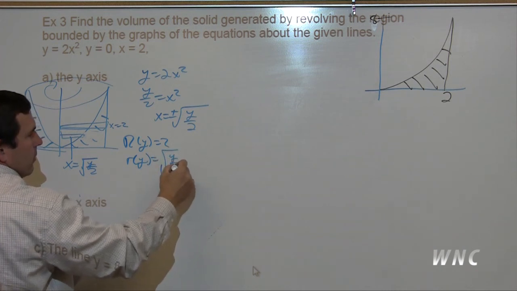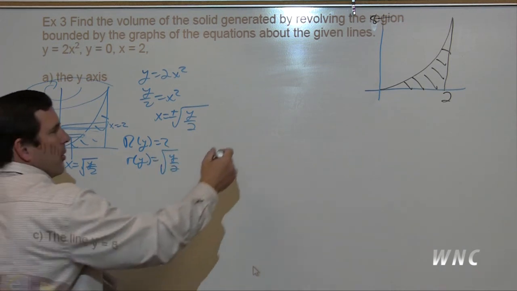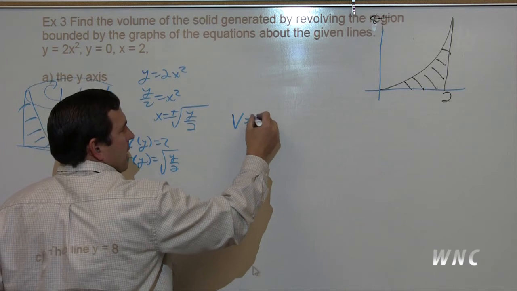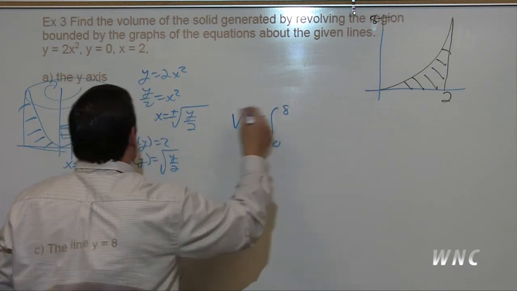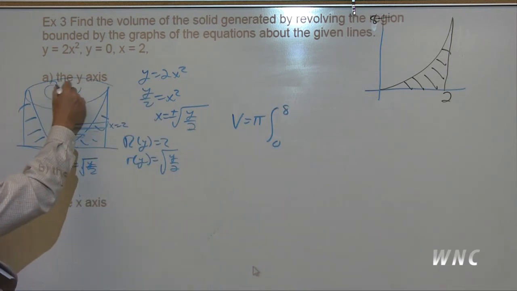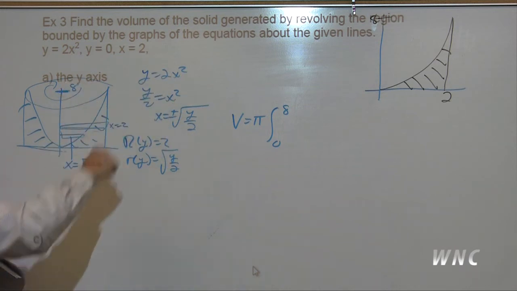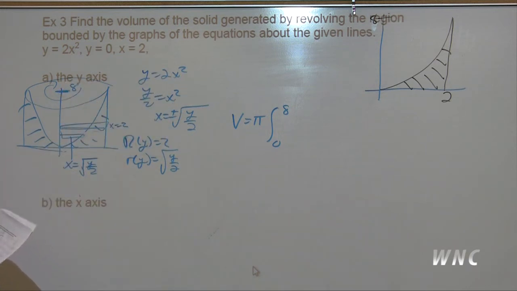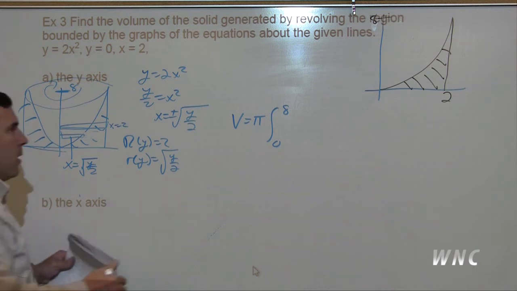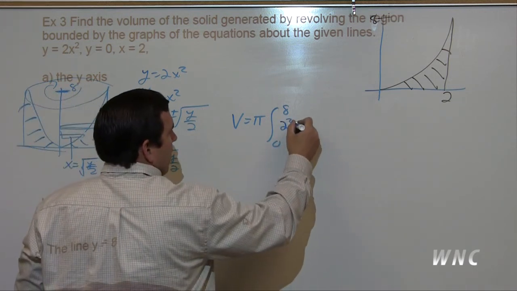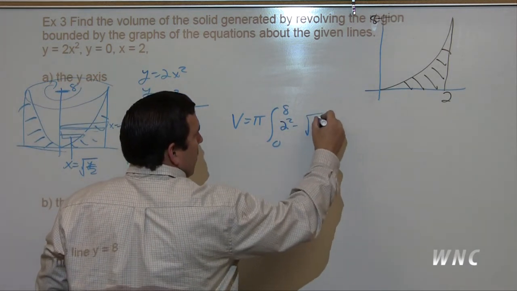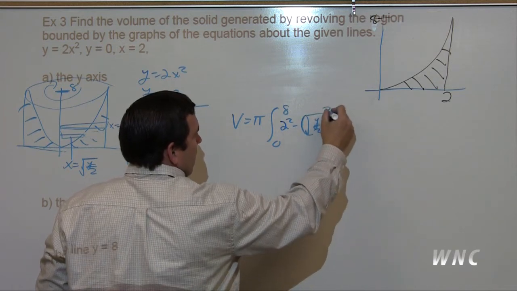So our volume is going to be pi times the integral from 0 to 8, as we discussed over there, of 2 squared minus the square root of y over 2 squared.